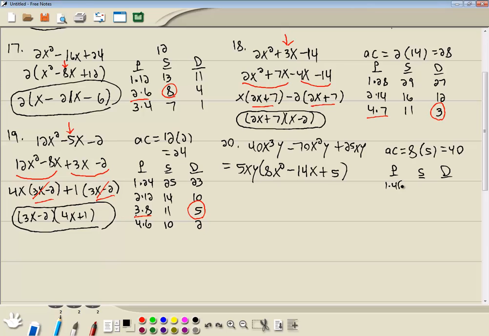We got 1 times 40, 2 times 20, 4 times 10, 5 times 8. Add them. 1 plus 40 is 41, 2 plus 20 is 22, 4 plus 10 is 14, 5 plus 8 is 13. Subtract them, smaller from larger. 40 minus 1 is 39, 20 minus 2 is 18, 10 minus 4 is 6, 8 minus 5 is 3.